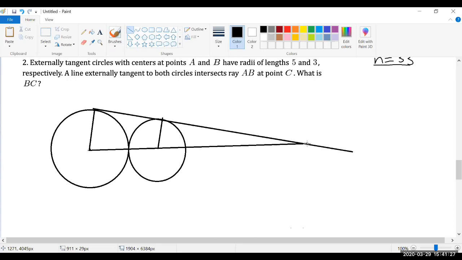Okay, so this is hopefully the setup that you found. Let me label these points. The centers are A and B, and this point out here is C. Okay, I'll give you guys one more minute to look at that.